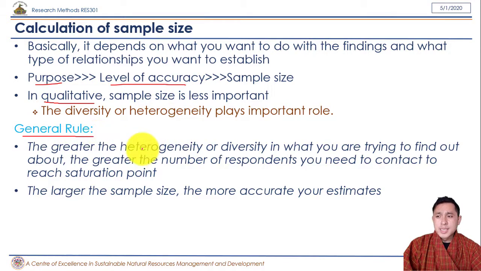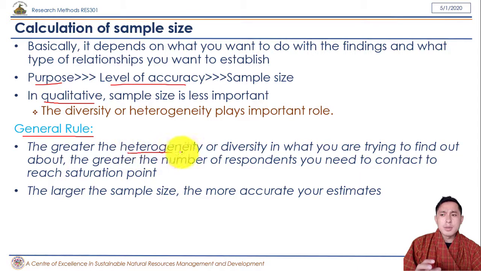General rule is that if you feel that your sampling population or the population is diverse or it's very heterogeneous in nature, then in that case you need to select as many samples or as many respondents or sampling units as possible to increase your level of accuracy.